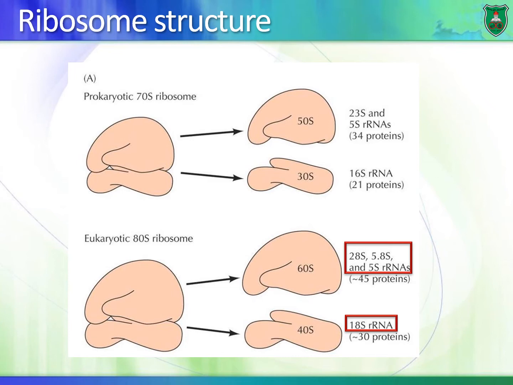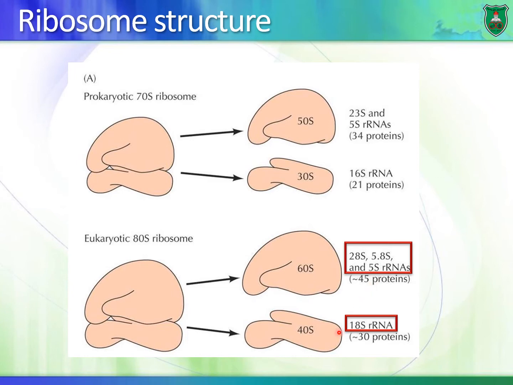So ribosomes in both prokaryotes and eukaryotes are composed of a large ribosomal subunit and a small ribosomal subunit. This is the weight of these subunits. You don't have to memorize these. Now, the large ribosomal subunit is composed of 28S rRNA, 5.8S rRNA, and 5S rRNA.